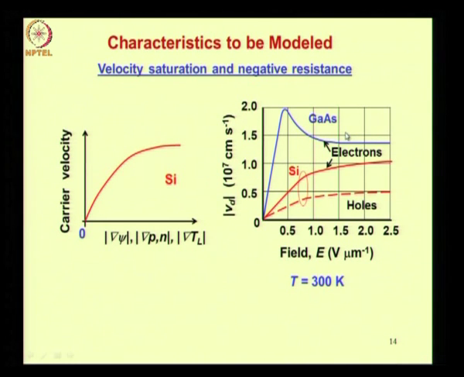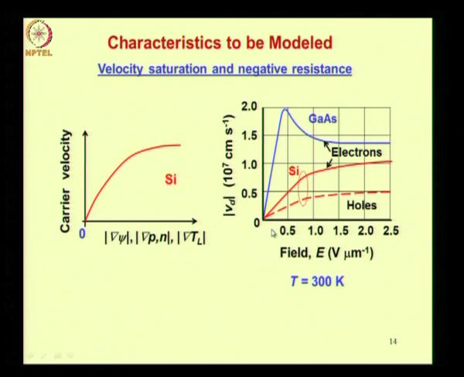We have shown here the velocity field characteristics for silicon and gallium arsenide. For silicon we have shown the curve for electrons as well as holes. For gallium arsenide we have shown it only for electrons. If you can see the curve for silicon, the velocity increases linearly in the beginning and then saturates.